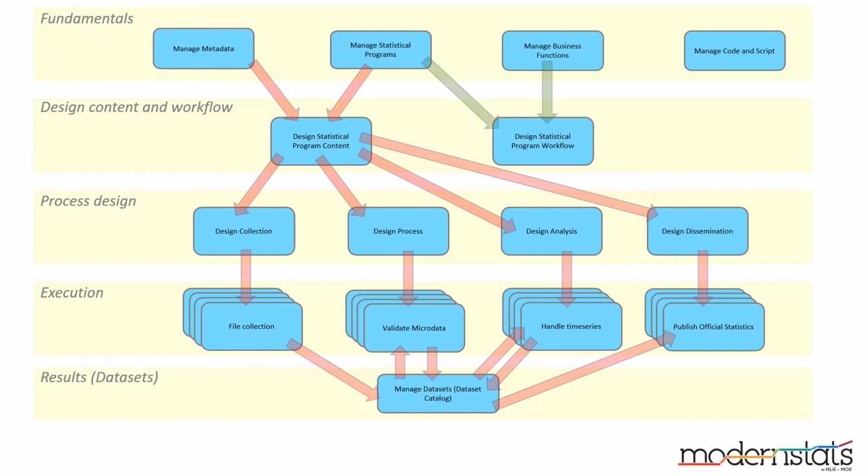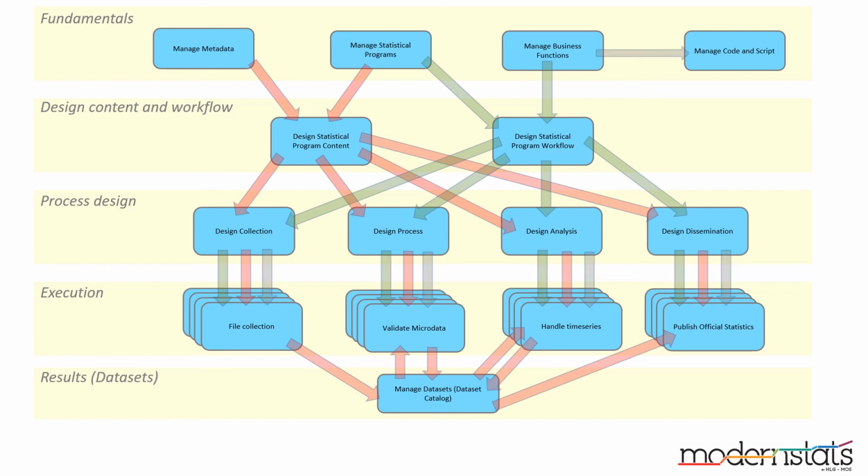We can also combine our business functions or business services in order to support a statistical program, and each process design process flow goes down to a specific process design where we continue doing the design, for example attaching VTL code in design process, and we add contract information in the design collection.